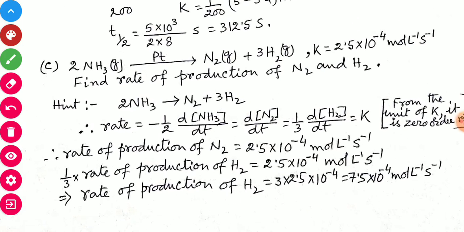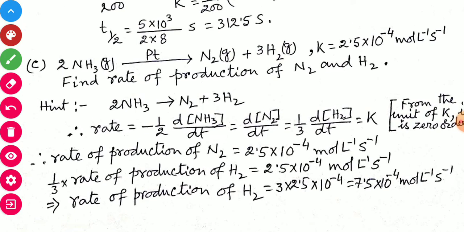Next, question C. 2NH₃ gives N₂ and 3H₂, k = 2.5×10⁻⁴ moles per liter per second. Find the rate of production of nitrogen and hydrogen. Rate = −½ d[NH₃]/dt = d[N₂]/dt = ⅓ d[H₂]/dt = k. From the unit of k, it is zero order because the unit is moles per liter per second.